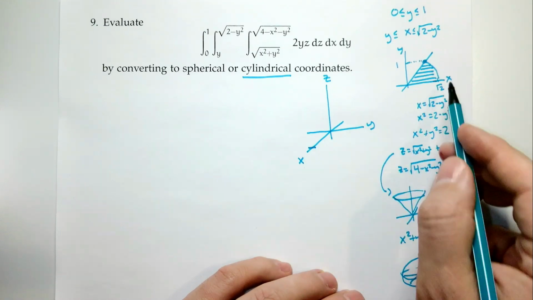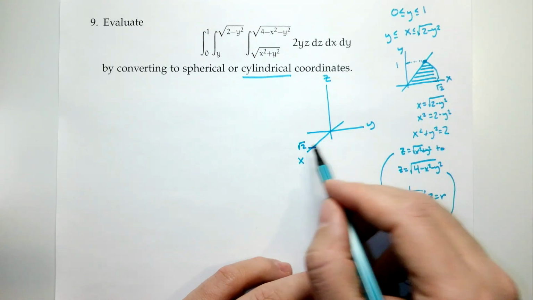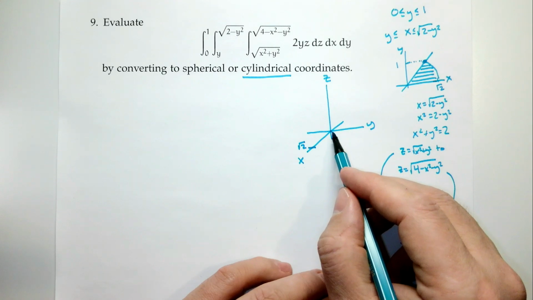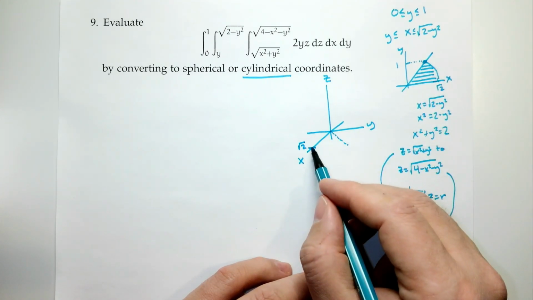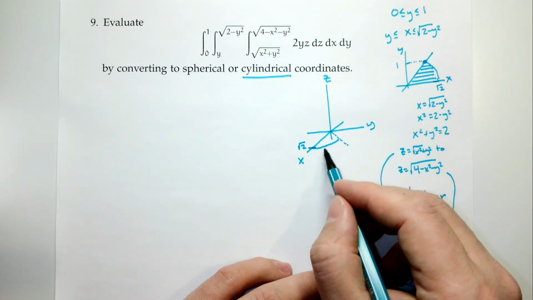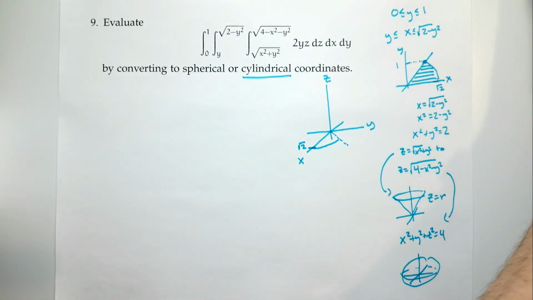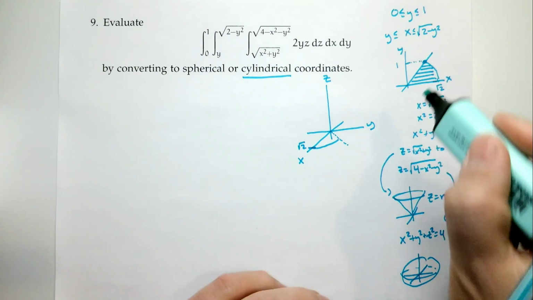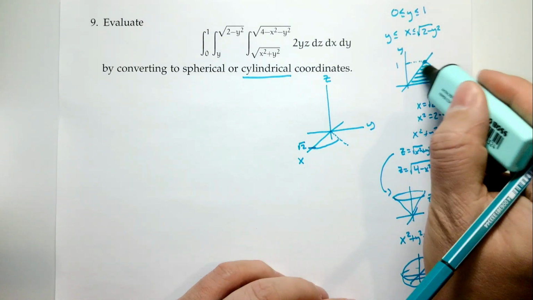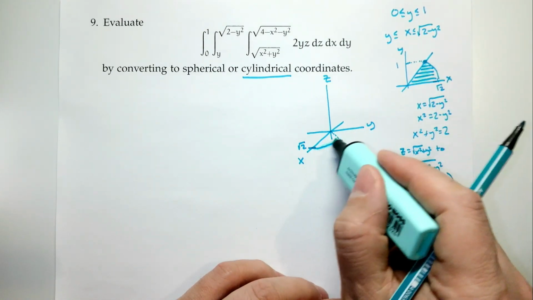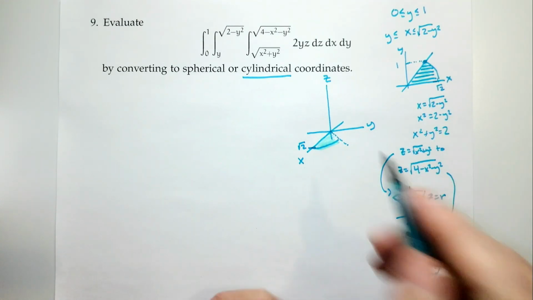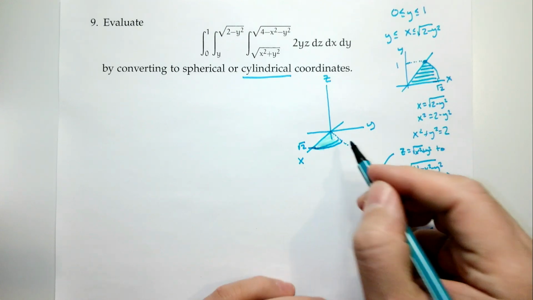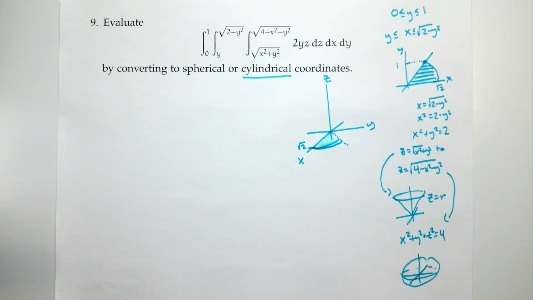I have a root 2, becomes a root 2. I have this y equals x. That's this line y equals x. So I have this circle coming out. So what's happening is that this shape here translates into this shape here. And I think I got my circle a little bit shallow there, but okay. All right, so that's the lower shape.